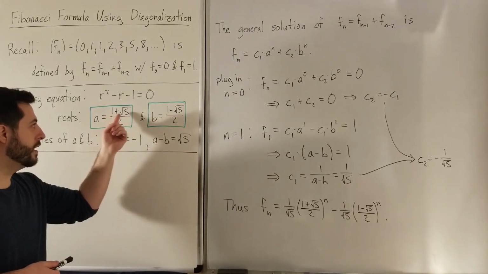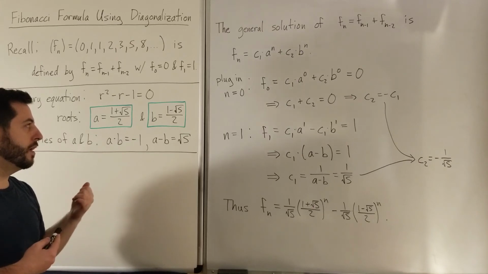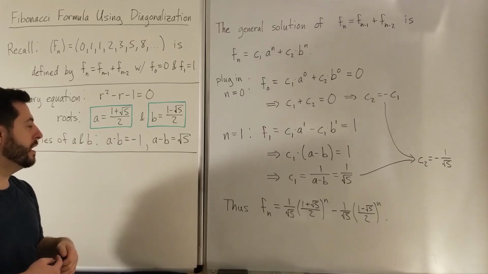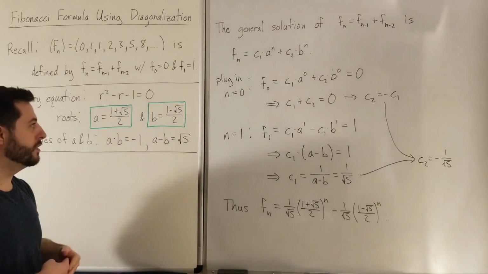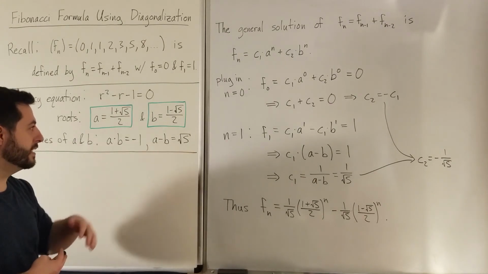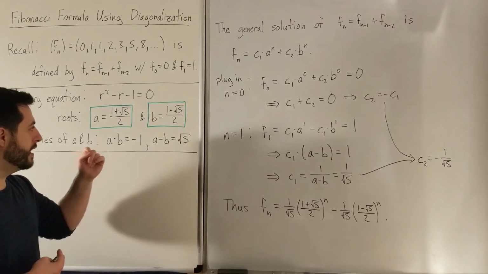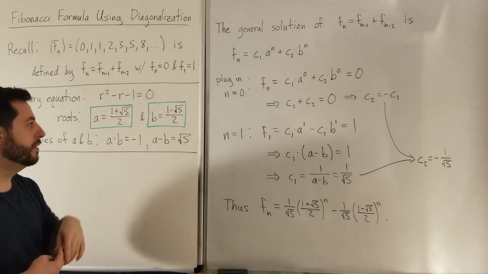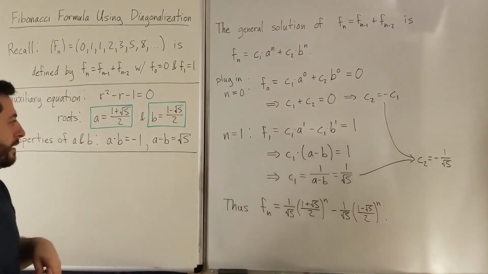You'd have 1 squared minus the square root of 5 squared. So that's the same thing as 1 minus 5, which is -4. So the numerator of a times b is -4. And the denominator is going to be 2 times 2, which is +4. -4 divided by +4 is -1.